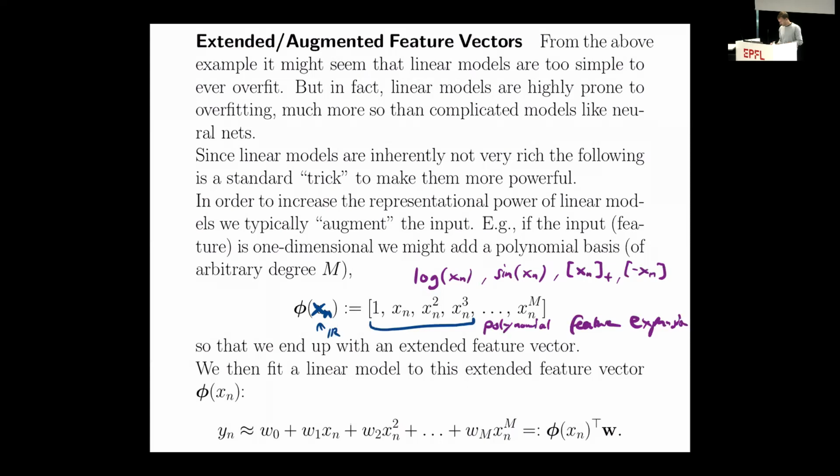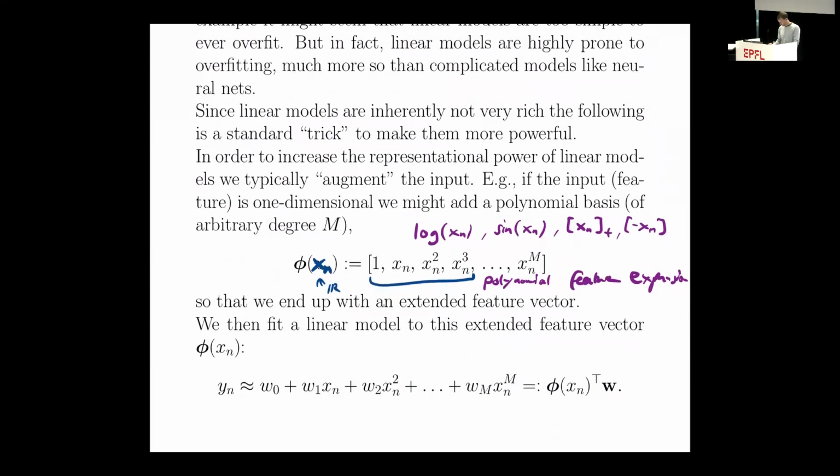Before we had one feature, and now we have a new feature vector, for a new data point with more features, and that one has m+1 features now, which is quite convenient. And what we do then is we do a linear model on these expanded features, right? Again, here is the W with the original features.